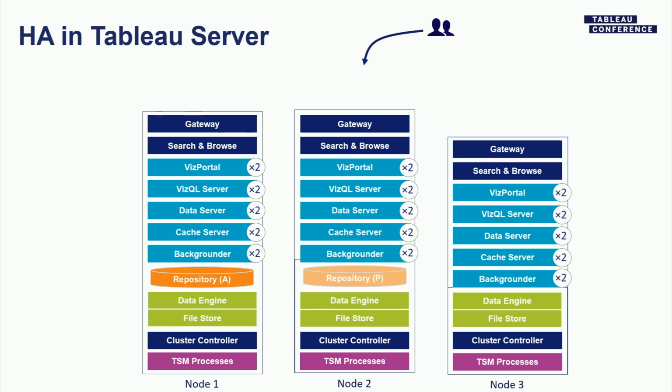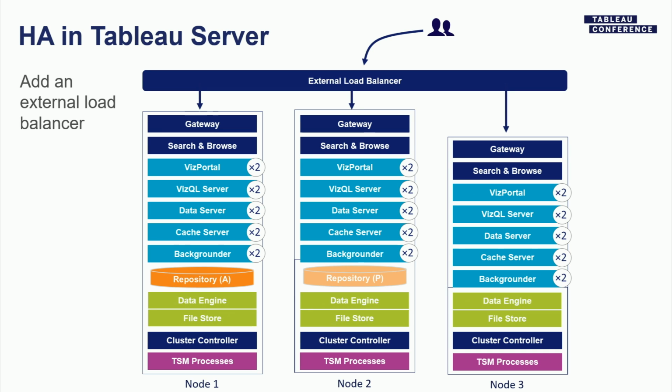So a really common strategy is to simply put an external load balancer in front of the entire cluster. Your users actually hit the external load balancer, and the external load balancer can load balance the traffic evenly across the different nodes in your cluster. And because we have gateway configured on each of the nodes, each of those nodes can take end user traffic.